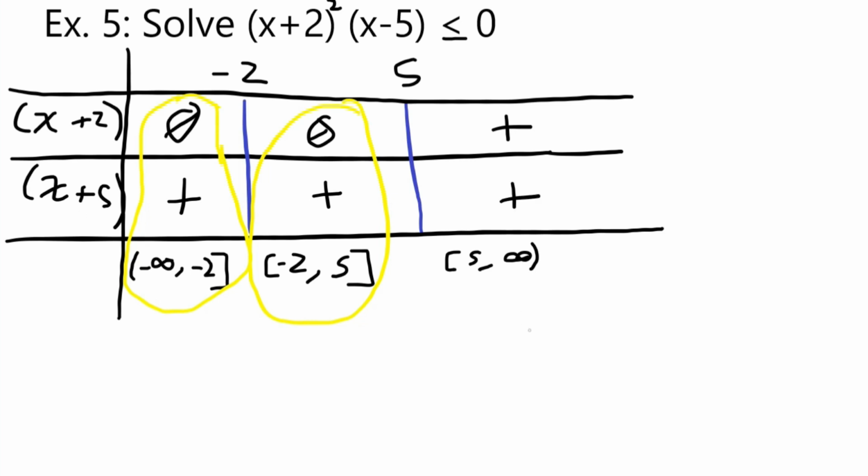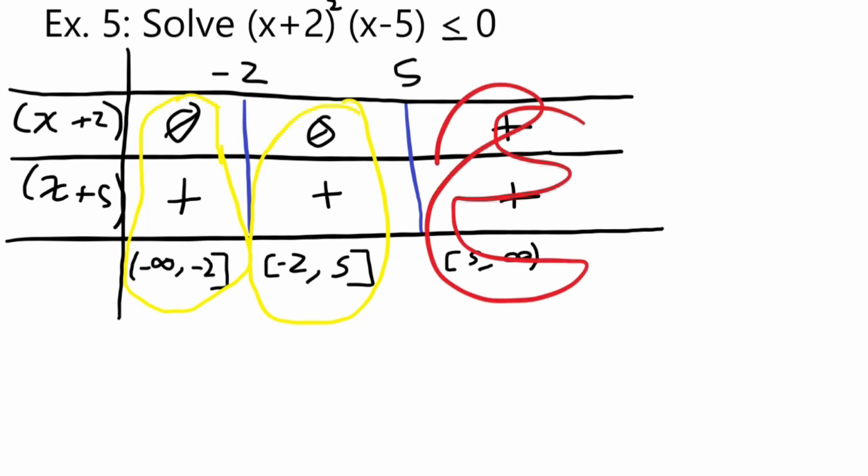That's positive. And any number greater than 5, when you add 2 or 5, is going to end up being positive. But that does not fulfill the inequality of f of x being less than or equal to 0. So that means that this interval is no good, but that means that these two are.